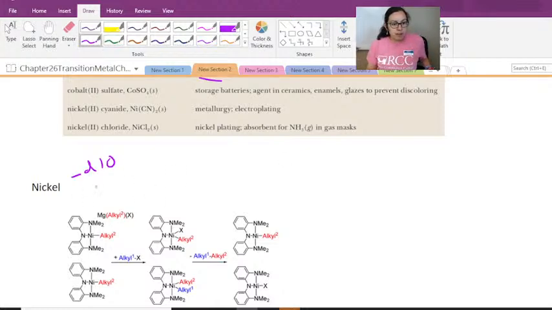Except the problem with nickel is that these tend to be nickel 2+ species, and nickel 2+ tends to undergo 1 electron processes. That means they're only able to add or gain 1 electron at a time.